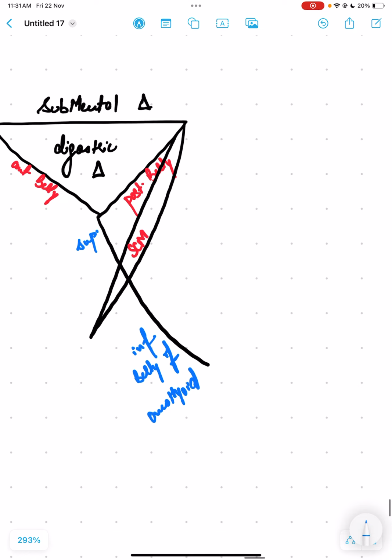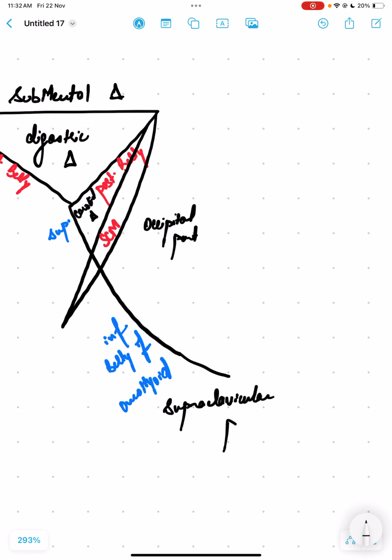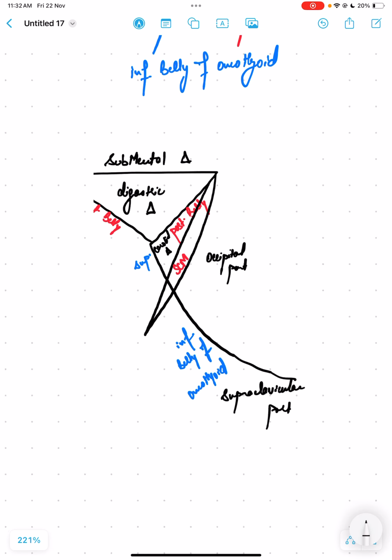So this triangle is our carotid triangle. This one is our occipital part, and this one is the supraclavicular part. These two are the part of the posterior triangle. So anteriorly we have, this is the muscular triangle.